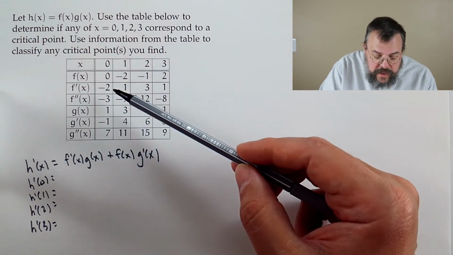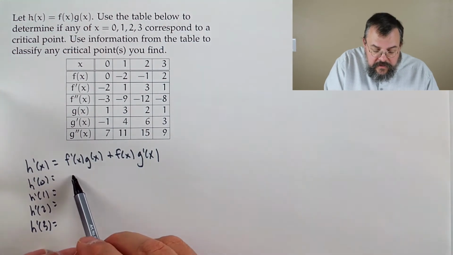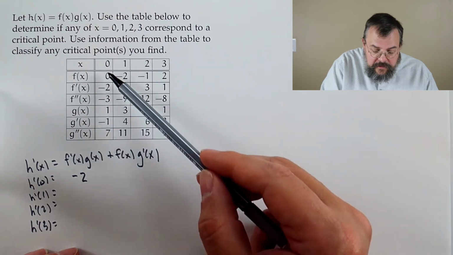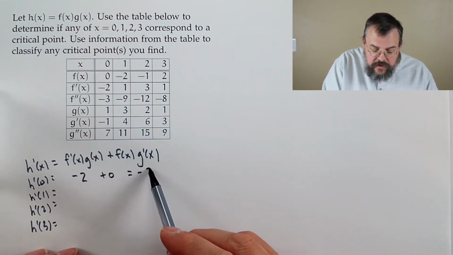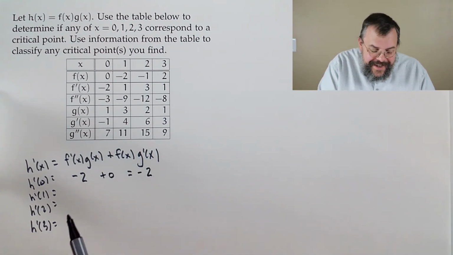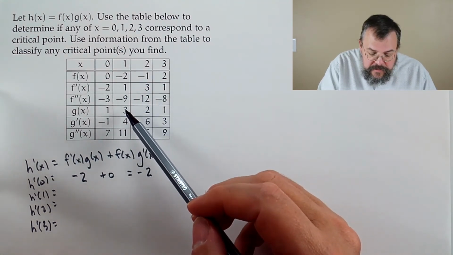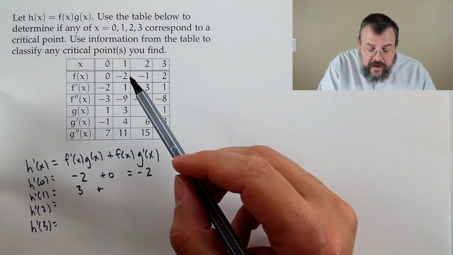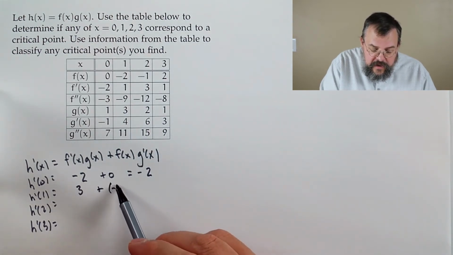So what do we have? We're going to take f prime times g, so that's negative 2 times 1. So that's negative 2. And then we're going to take 0 times negative 1, f times g prime, plus 0. All right, negative 2. All right, 0 is not a critical point. All right, how about at 1? So f prime times g, 1 times 3, so that's 3 plus f times g prime, negative 8.